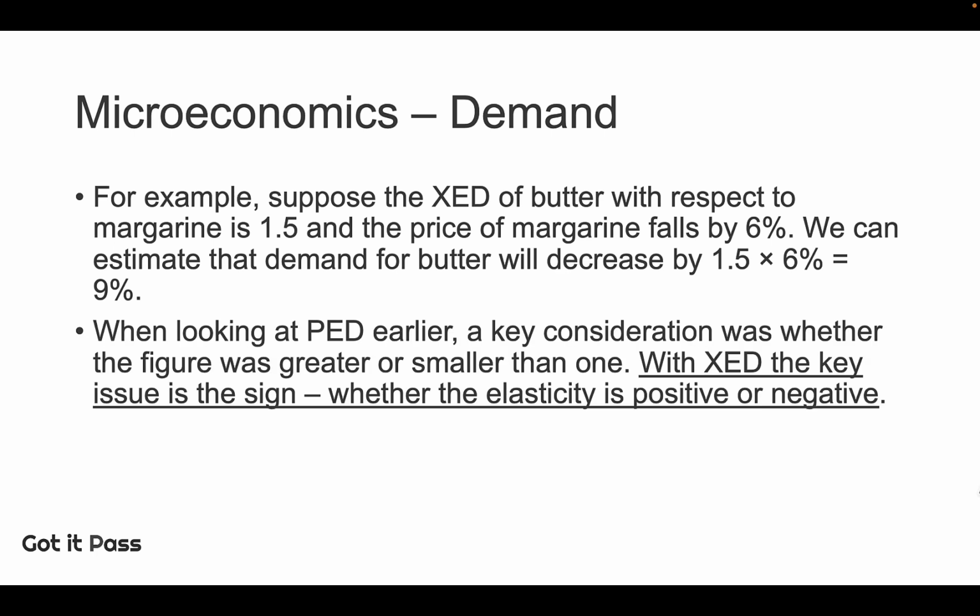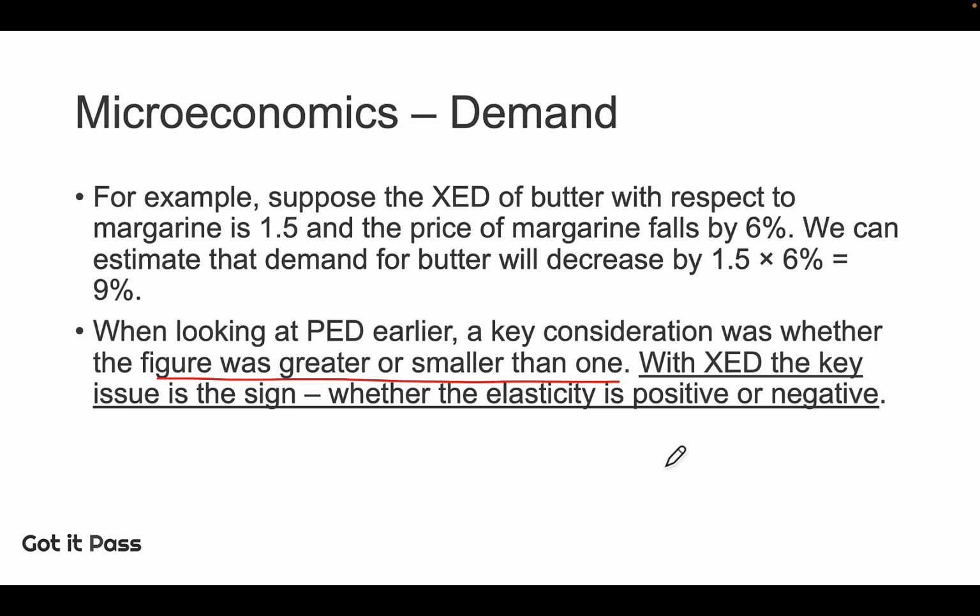When we look back at the PED, the price elasticity of demand, the key consideration was whether the figure was greater or smaller than 1. So we said whether it is elastic or inelastic based on whether the figure was greater or smaller than 1.